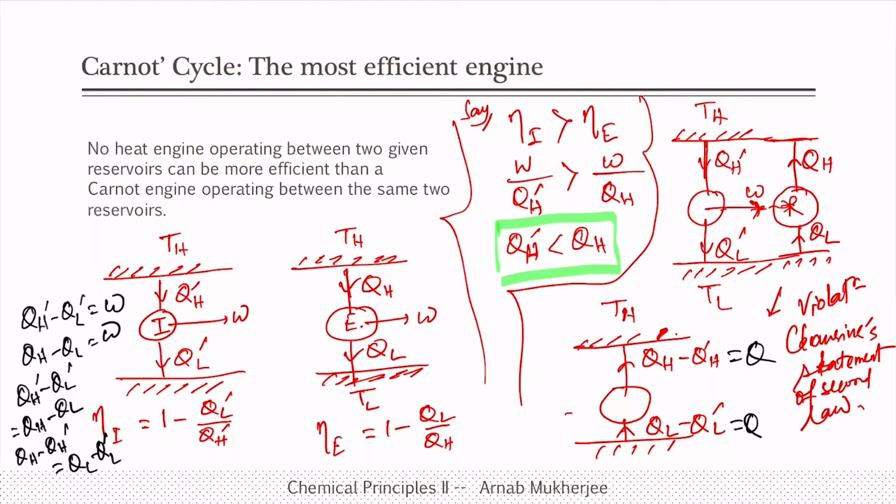Which means that our initial argument, that an irreversible engine can be more efficient than a reversible engine, cannot be true, because if it were true, it would have violated the second law of thermodynamics. So, no irreversible engine can have higher efficiency than a reversible Carnot engine.